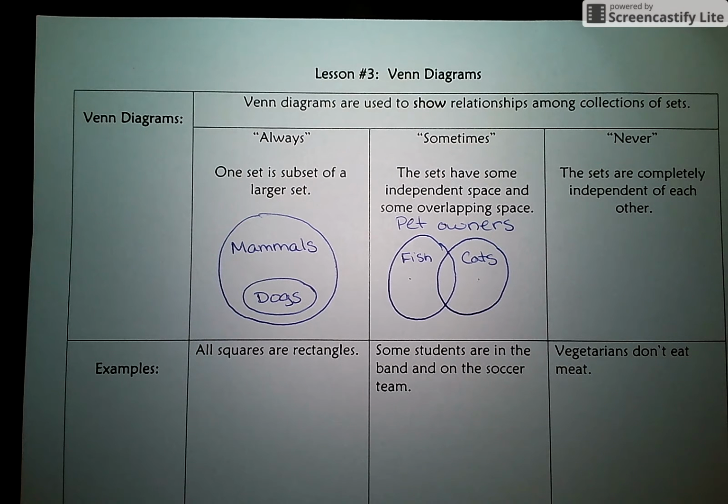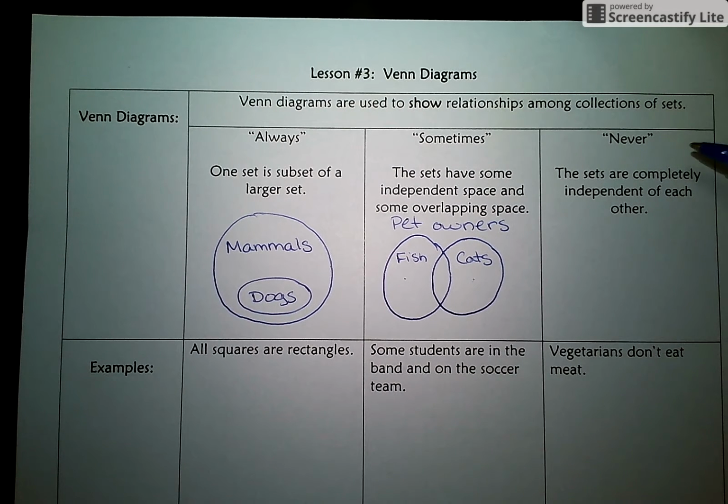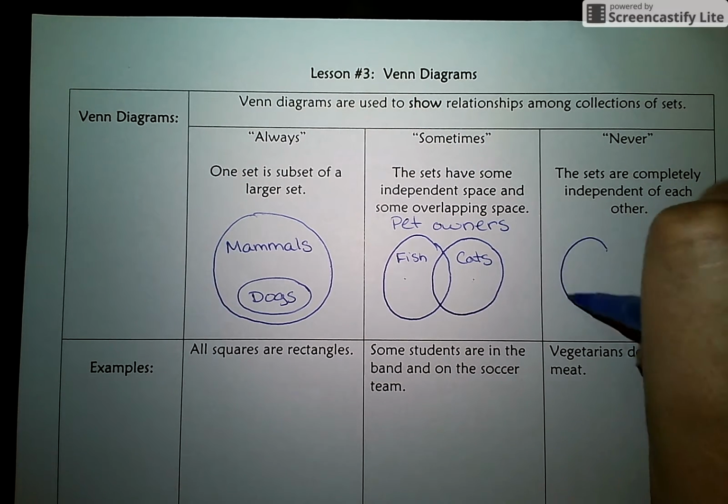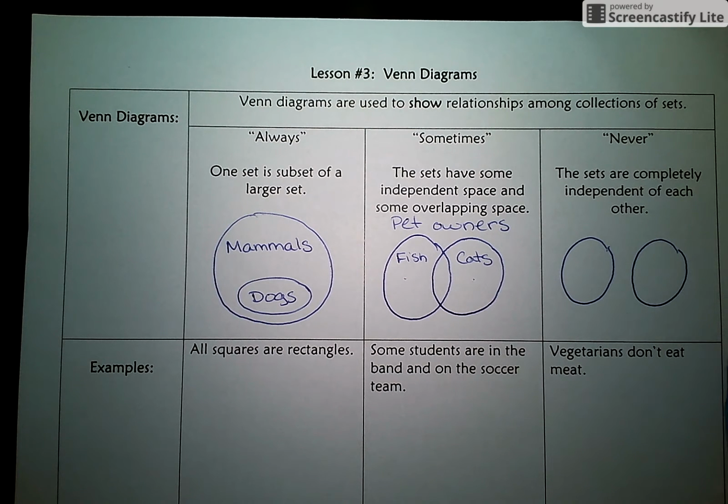Okay, my last type of Venn diagram we need to talk about is the never Venn diagram. In this Venn diagram, the sets are completely independent of each other. Well, we're on this topic of animals here, so maybe this represents 2 different types of pets.